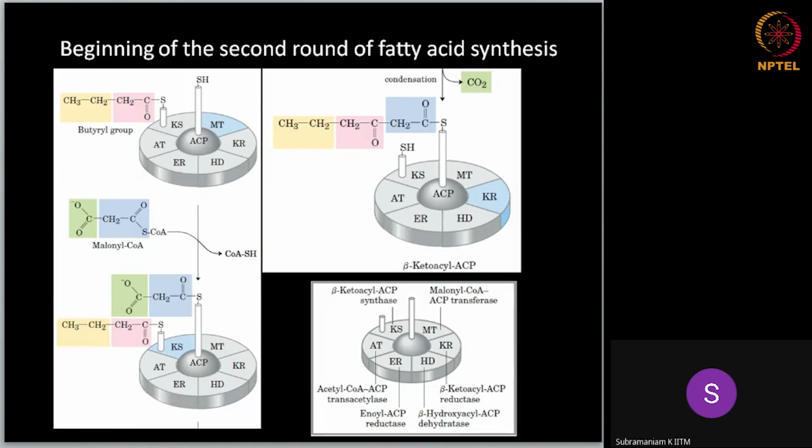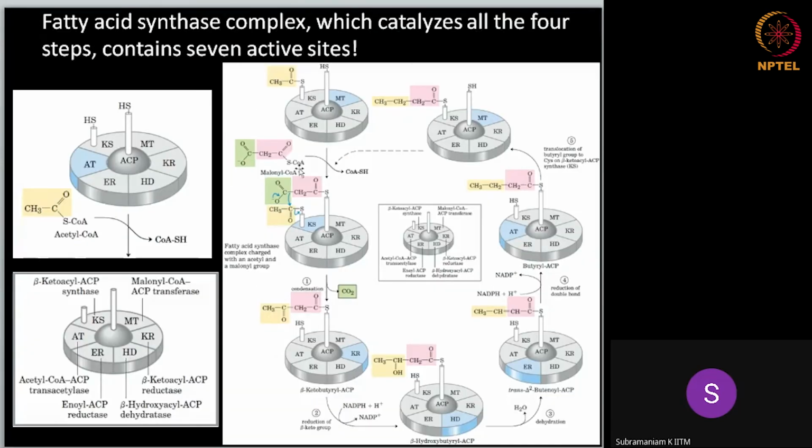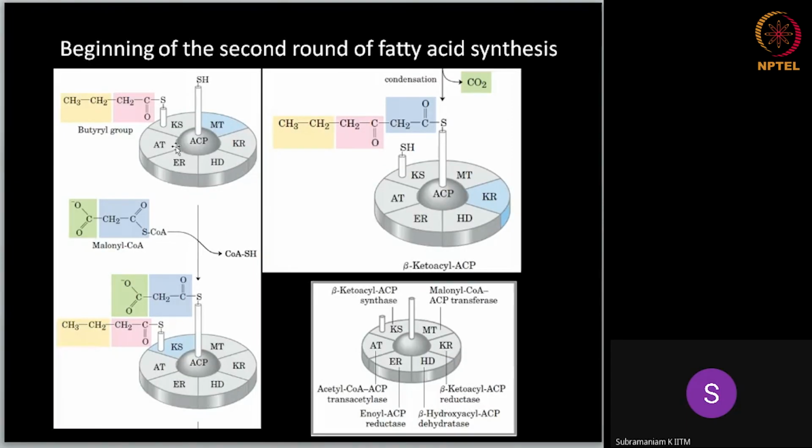So this is again a recapitulation of the second cycle. That is, after we have gone through it, whatever we just quickly saw, the same thing is shown here in good detail. The same key for the enzymes here.